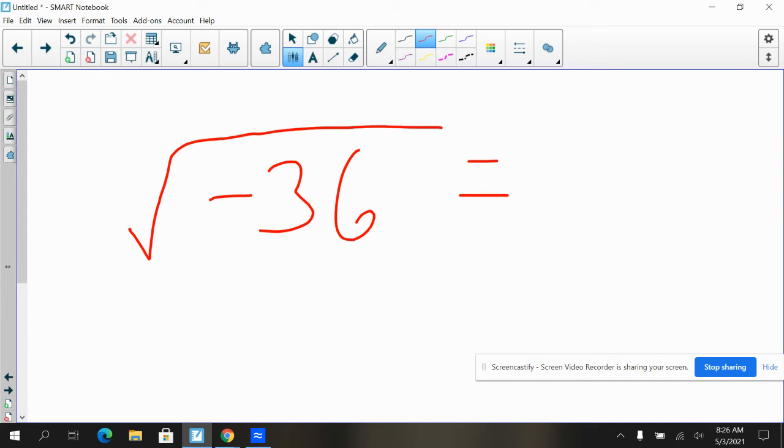When there's a negative inside the radical sign, those are called imaginary numbers. They don't exist in the real world. They're in the math world, they're called imaginary numbers.